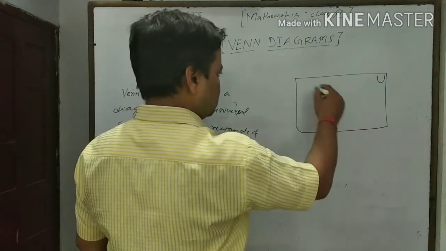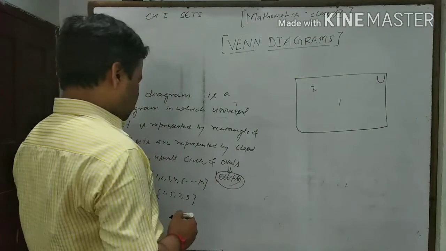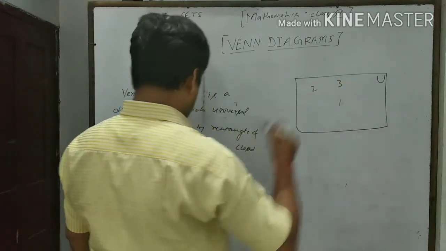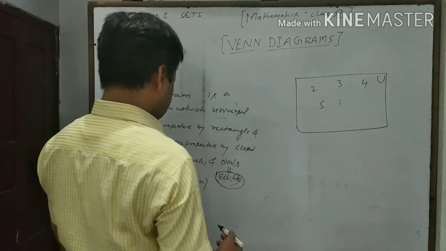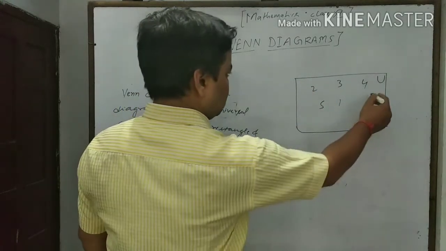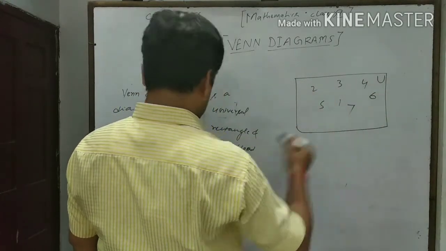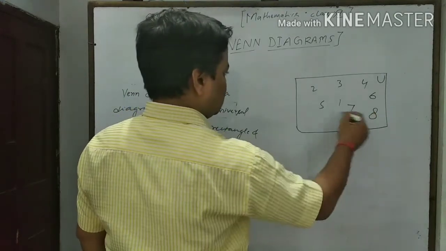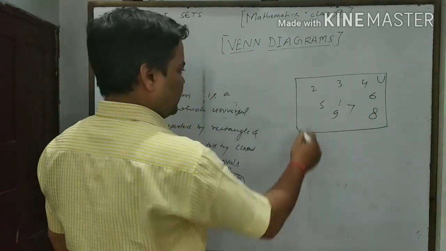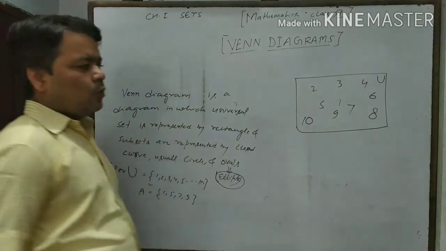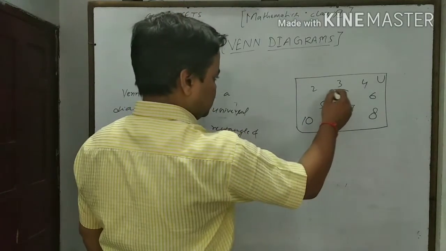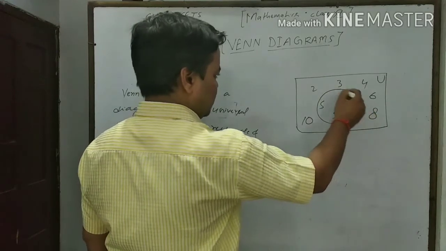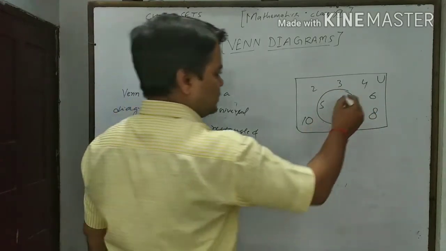Here 1, 2, 3, 4, 5, 6, 7, 8, 9 and 10. And here is the set A, and this should be labeled A.